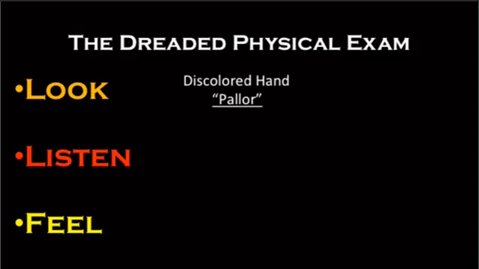A discolored hand or pallor, you'll hear that word as a buzzword. If you don't remember, pallor means pale. They may also tell you that there's pain. This is sort of a buzzword for dialysis-associated Steal syndrome, which usually people just call Steal syndrome, and we'll talk about that a little bit later.